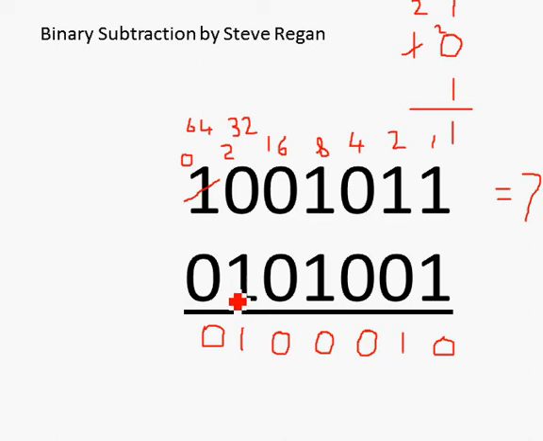Okay, the bottom number is 32 plus 8, which is 40, plus 1, which is equal to 41.